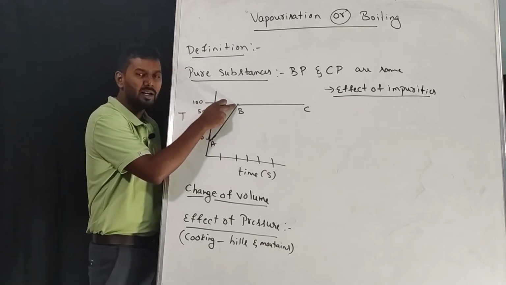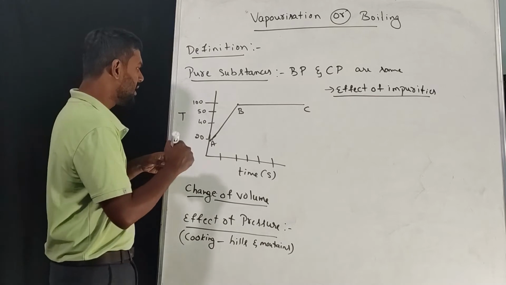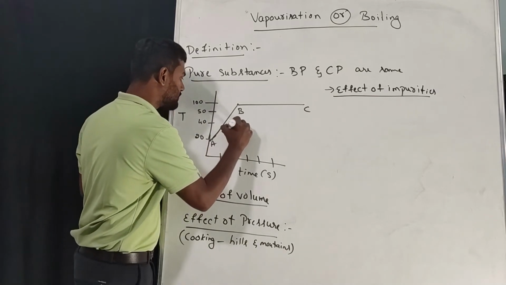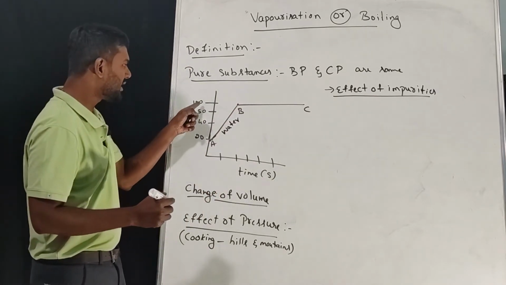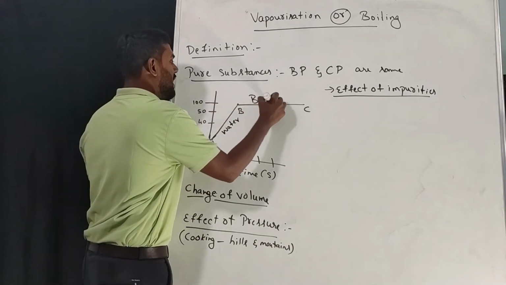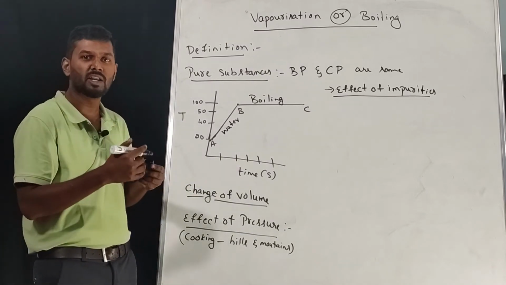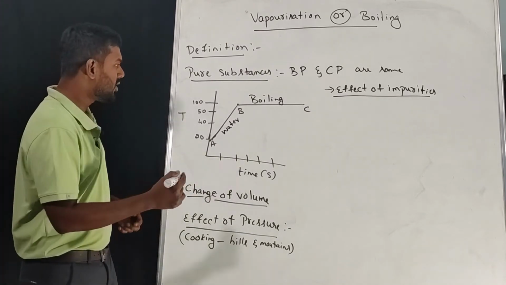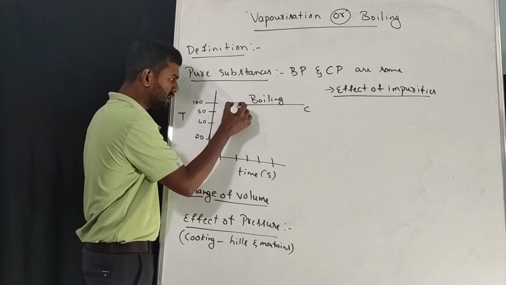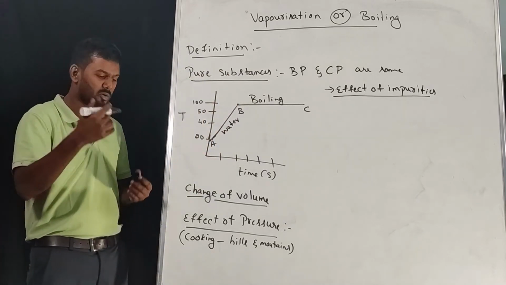It will keep on absorbing the heat energy. Once it reaches 100 degrees Celsius, AB represents water only. Here it is water. Once it reaches 100 degrees Celsius, it starts boiling. What do we mean by boiling? The water starts converting into vapors. At 100 degrees Celsius, it will not cross this 100 degrees; it will keep on boiling.